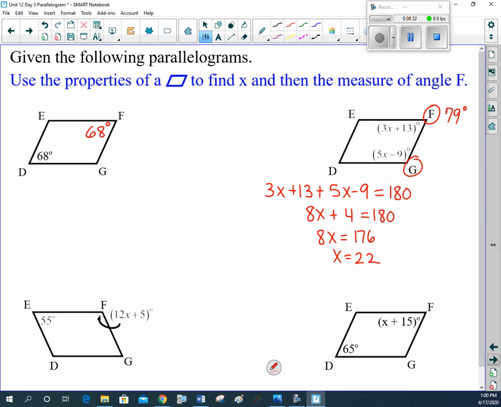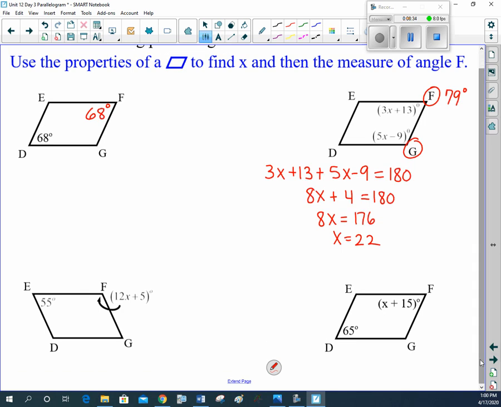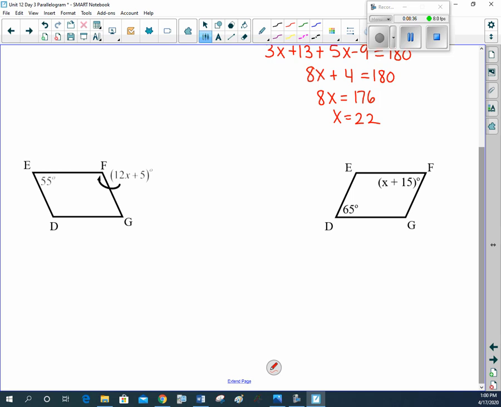Okay, down here at the bottom. Once again, E and F are consecutive, so that means they add to 180. So 55 plus 12x plus 5 equals 180. And now we'll combine our like terms. So 12x plus 60 equals 180.